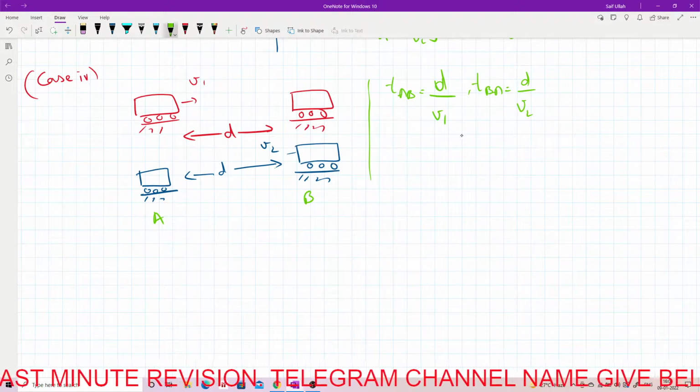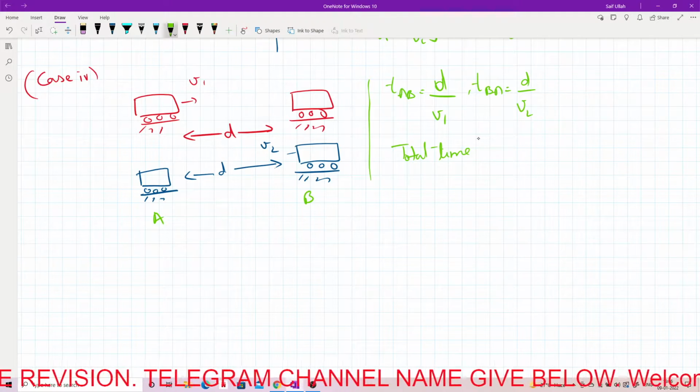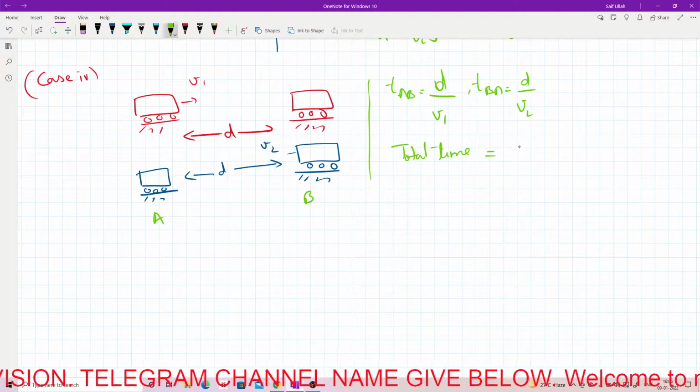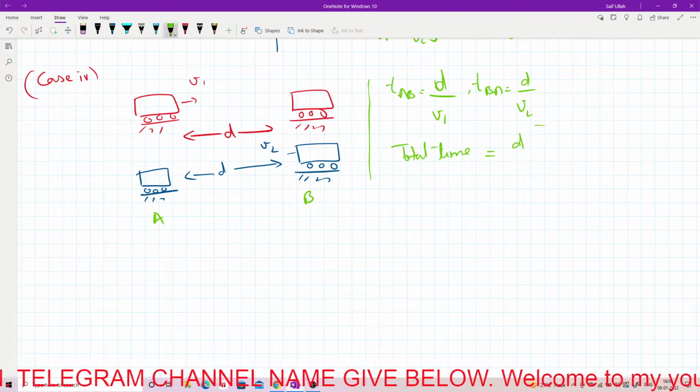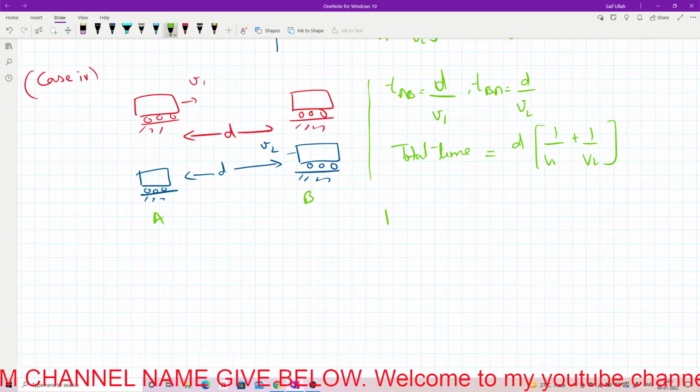Add for the total time, taking d common, d times (1 by v1 plus 1 by v2). Now the total distance.